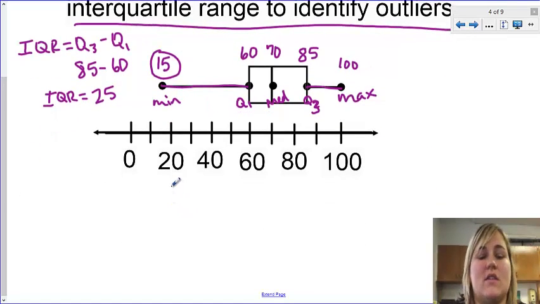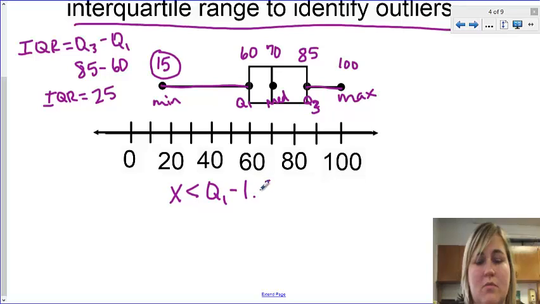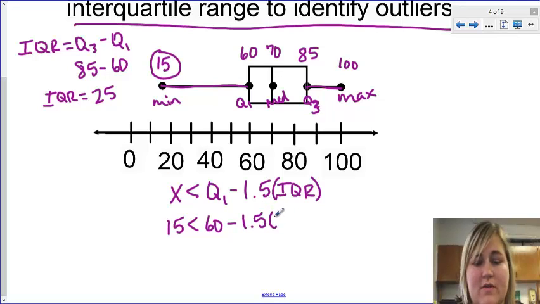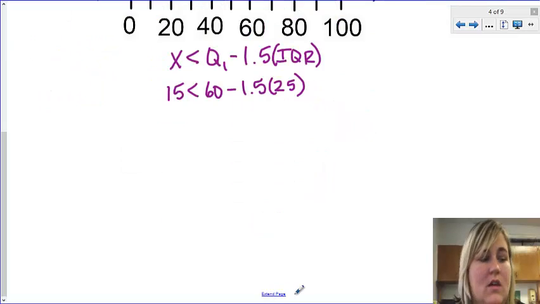We know that if it's on the lower end, it's going to be that x is less than Q1 minus 1.5 times the IQR. So x, which is 15, is it less than the first quartile, 60, minus 1.5 times the interquartile range, 25?